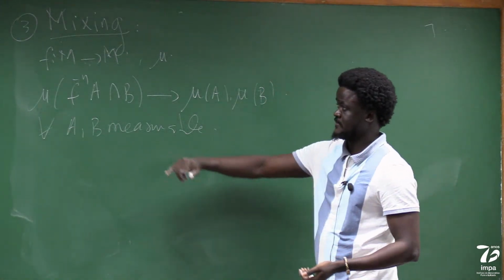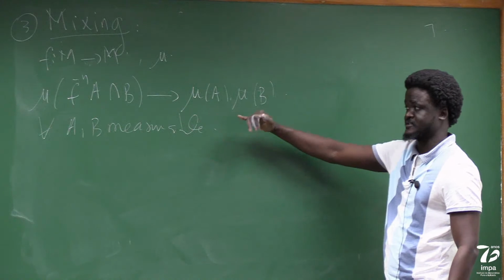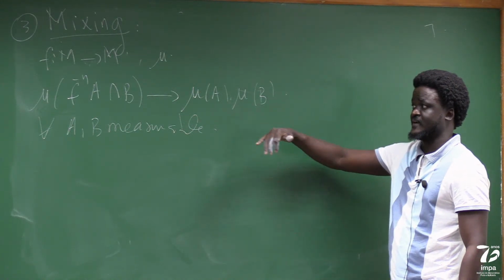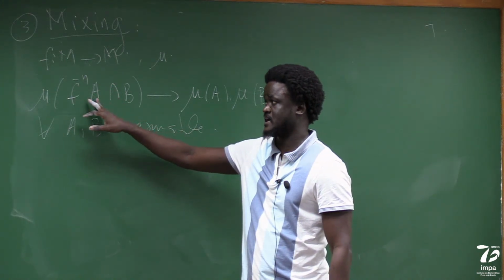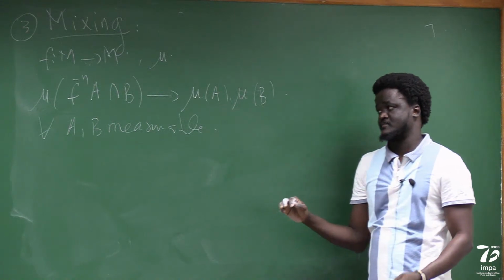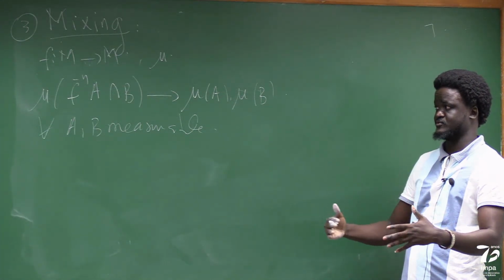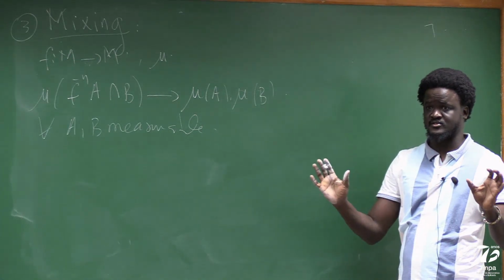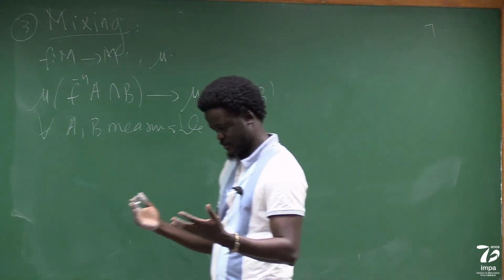This expresses the chaoticity of the system: whenever you take a set, pull it back, and intersect, it always converges to the product of the measures. This tells you these systems tend to forget the past of the orbit of points.